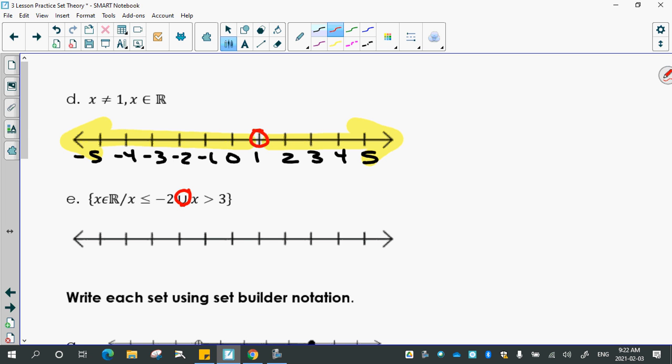And we're talking about real numbers again. Keep that in mind.